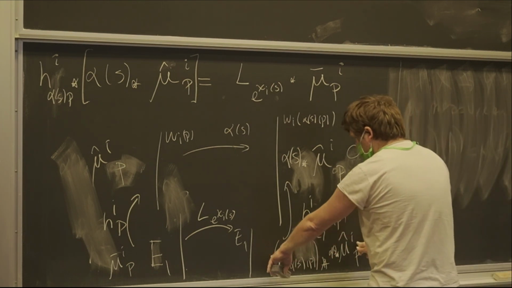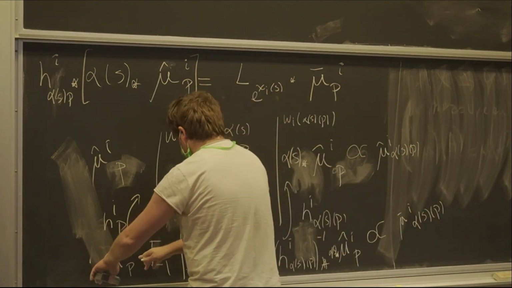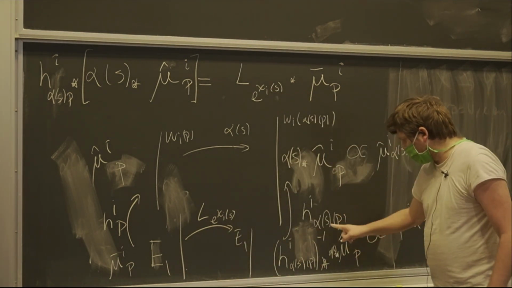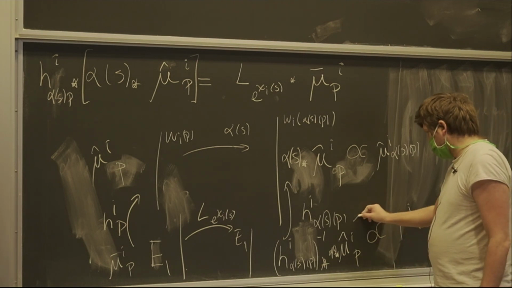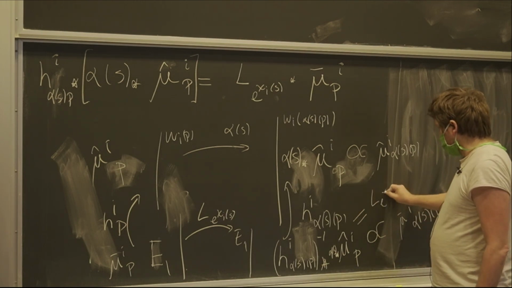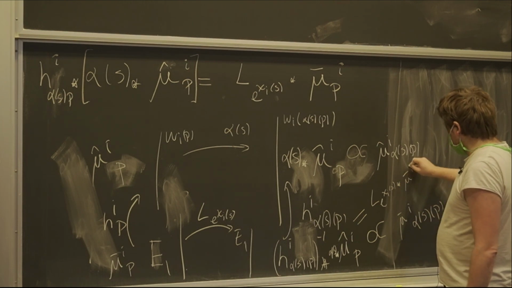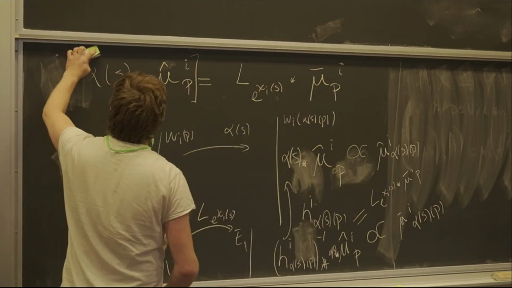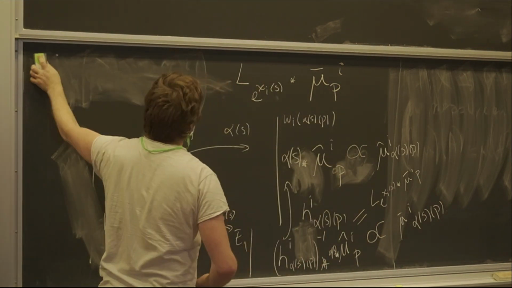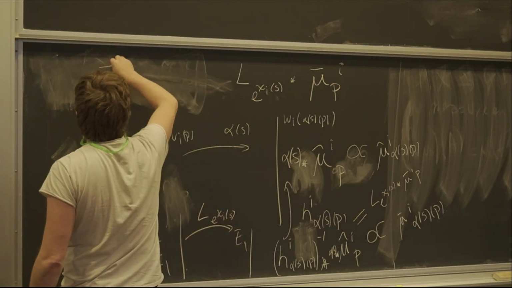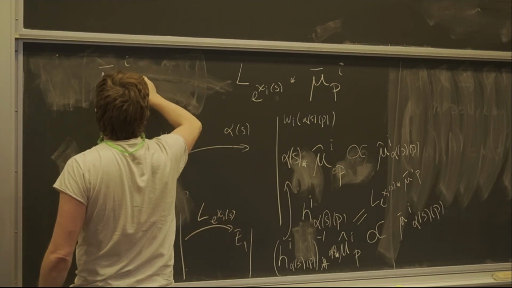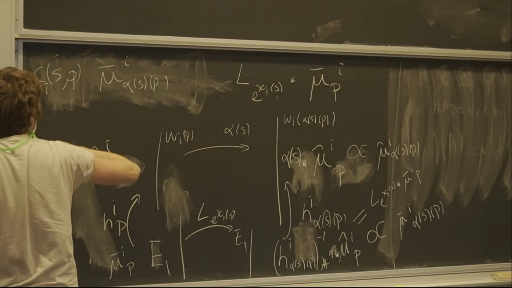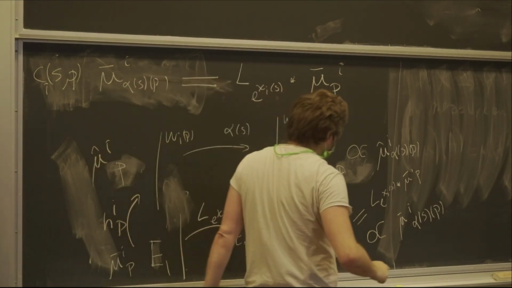And when I do this formula here versus this formula here, what I get is that this left-hand side is nothing but L e to the chi_i S star mu bar i P. So at the end of the day, I can erase this, whatever it was, and put the outcome, which is mu bar i alpha S of P, and then I know that the implied constant is still the same implied constant, and I have an equality.